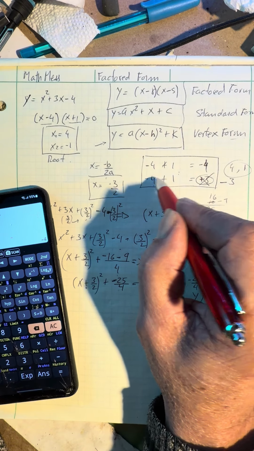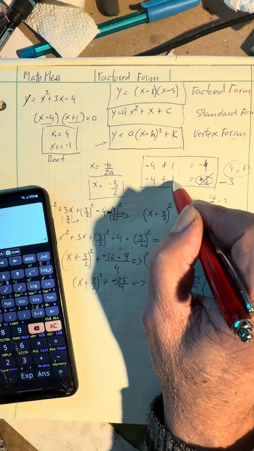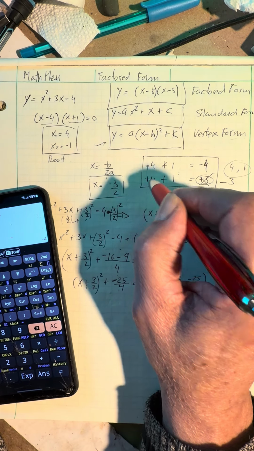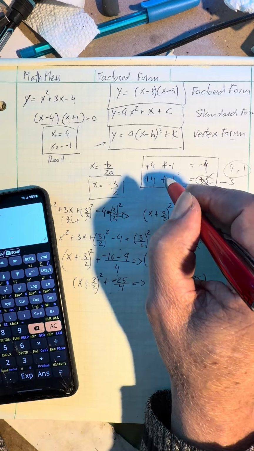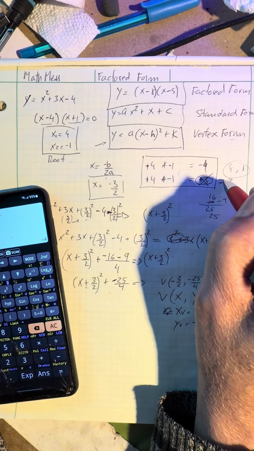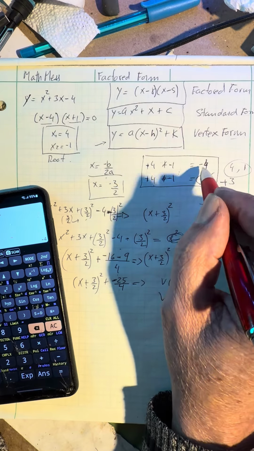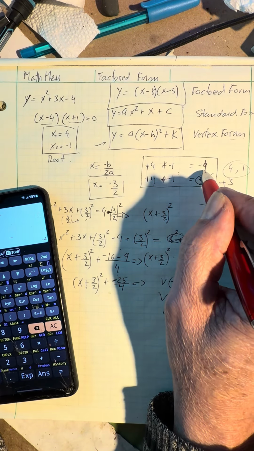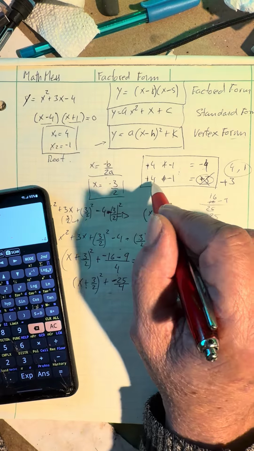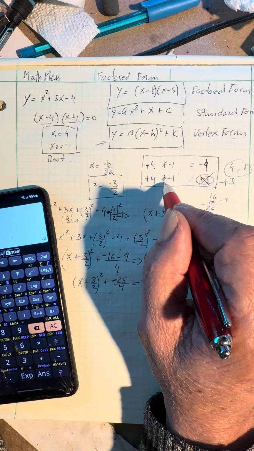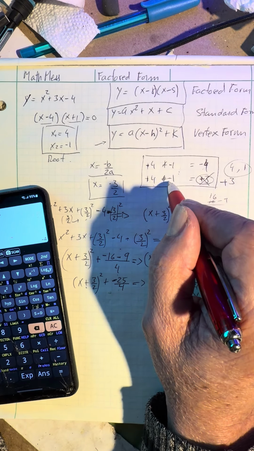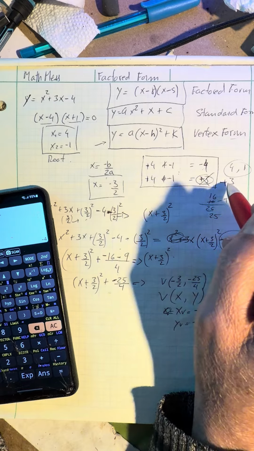So this number has to change. So this is positive and this is negative in order for this to be positive. So the 4 will still be negative 4. And here, when you do an algebraic summation or addition, then 4 minus 1 is plus 3.